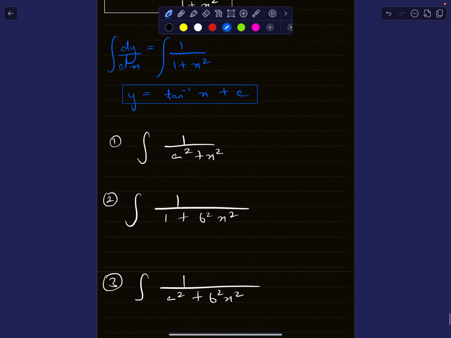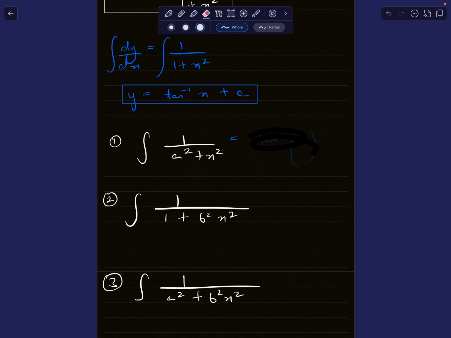So we do know that this has something to do with tan inverse, and thus the integral of any such function is in terms of tan inverse. But what else? So we look at the denominator.